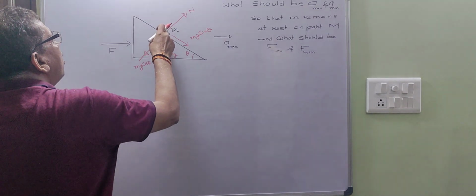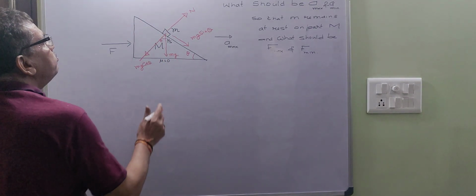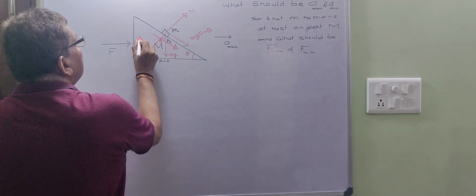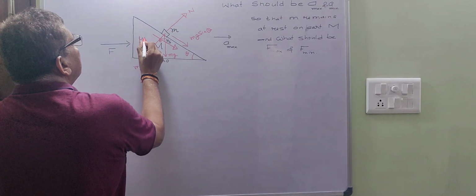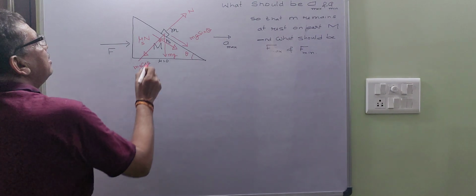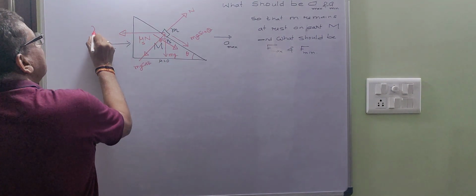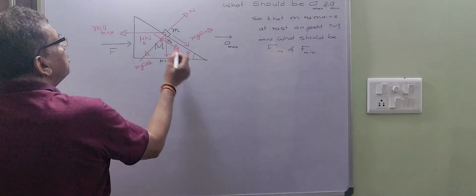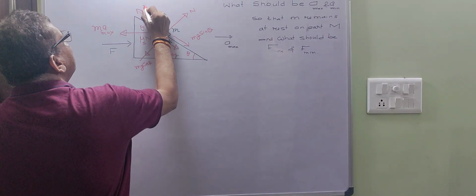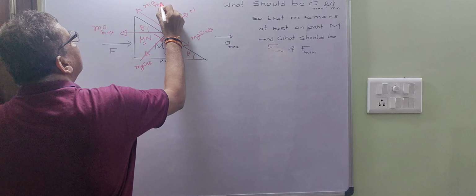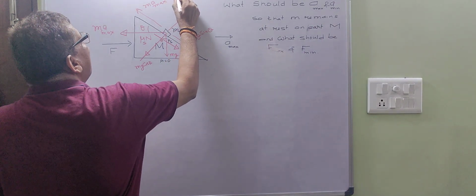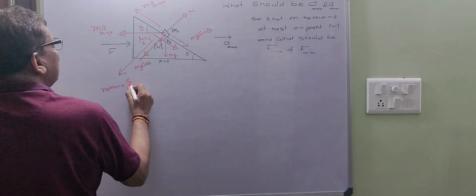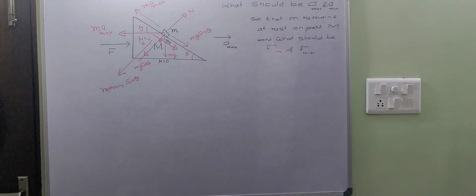The moment it tends to go up, the frictional force will act in the downward direction, that is mu s into the normal reaction. And the pseudo force will be acting here, that is m a max. It has two components: this is theta, so m a max cos theta in this direction, and m a max sin theta in this direction. Is it clear? The forces.